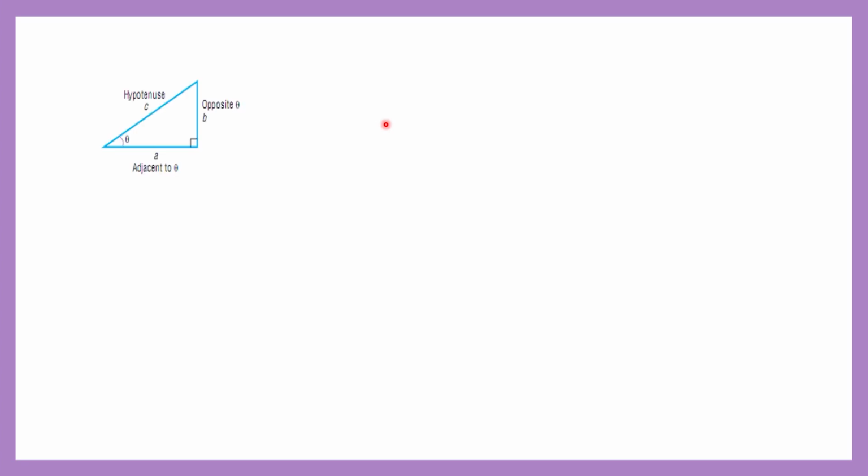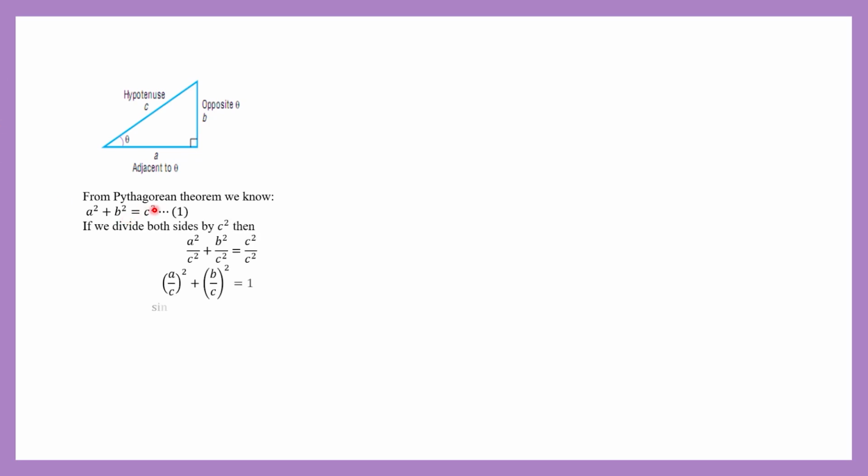We can get three more important trigonometric identities by applying the Pythagorean theorem on a right triangle. Let's consider we have a right triangle as we can see in the figure. If we apply the Pythagorean theorem in this right triangle, we will get a squared plus b squared equals c squared.